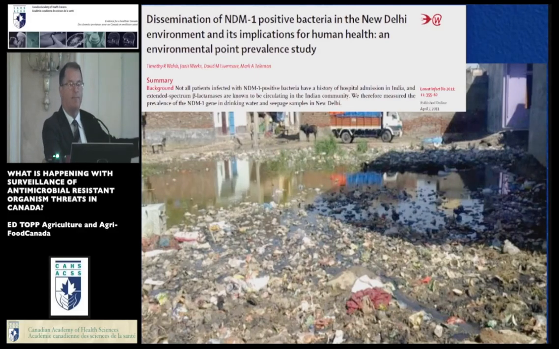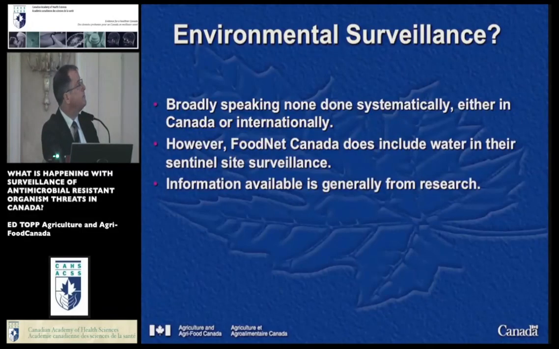So in low-income countries where there's a very poor infrastructure for wastewater treatment and sanitation, that has a consequence for us in the West. And so when you think about the environment, AMR, you need to think about it globally. You need to think about solutions that are appropriate for high-income countries, but also low and medium-income countries.